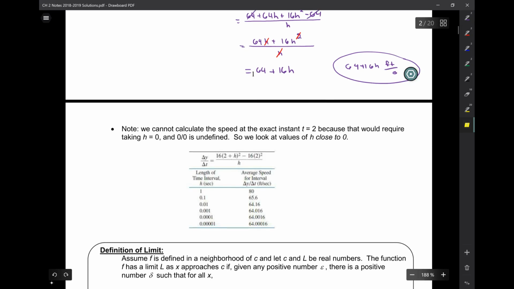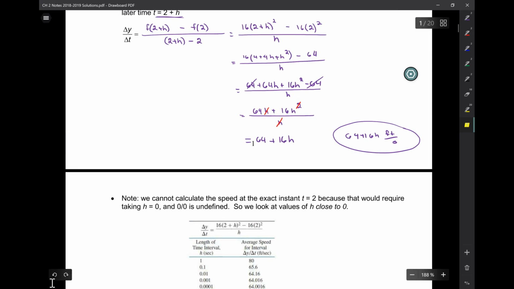But take a look here. We can't calculate the speed at the exact instant t equals 2, because that means taking h equals 0. Remember, h is how much time has passed after 2 seconds. If h was 0, then over here we would be dividing by h, and that didn't work.